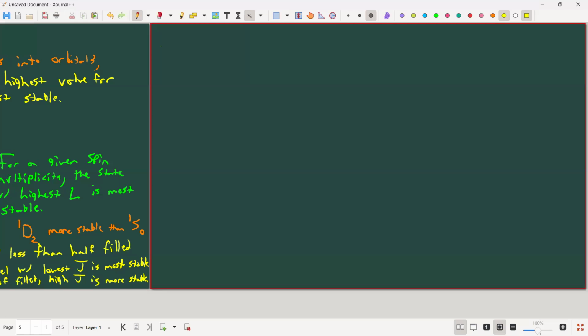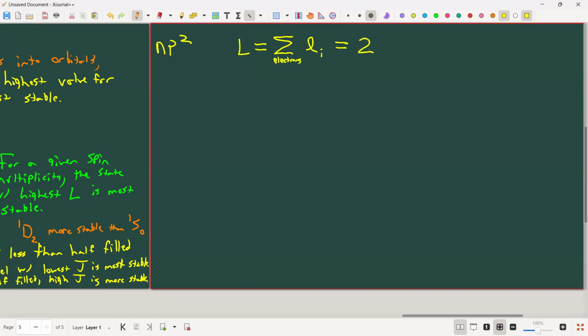So I want to look at np^2 states. And for np^2 states, we know that the maximum value of L, which is a sum over the electrons of the L for each electron, is 2 for this system, because we have two p electrons, they each have L equals 1, so the maximum L is 2.